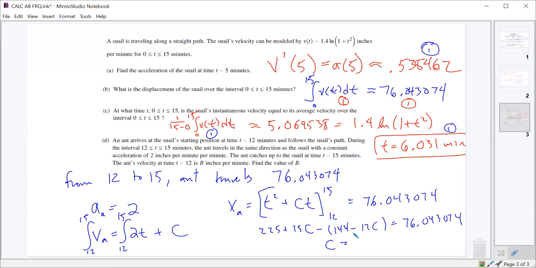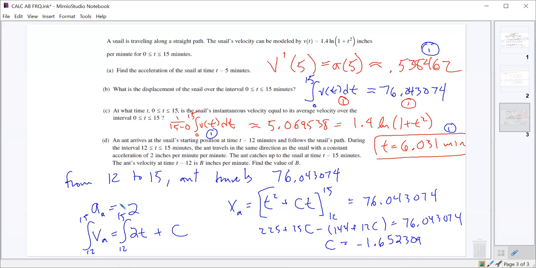I don't agree with that. I disagree. 225 minus 144 is 81. So we're going to have 76.043 minus 81. And then we're going to need to divide that, that should be a plus there, but we're going to need to divide that by 3. So it's going to be like negative 1 something. Negative, according to the scoring guidelines, negative 1.652309. Does that setup make conceptual sense to everybody though?